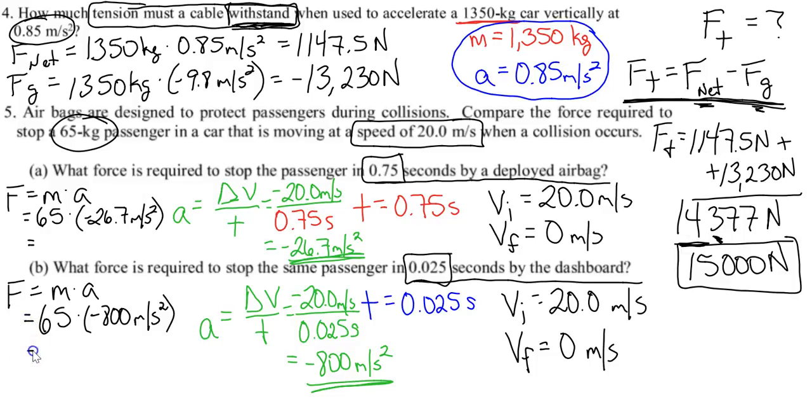So the force acting on the passenger by the airbag is about 1,700 newtons backward, because it's negative, backward.